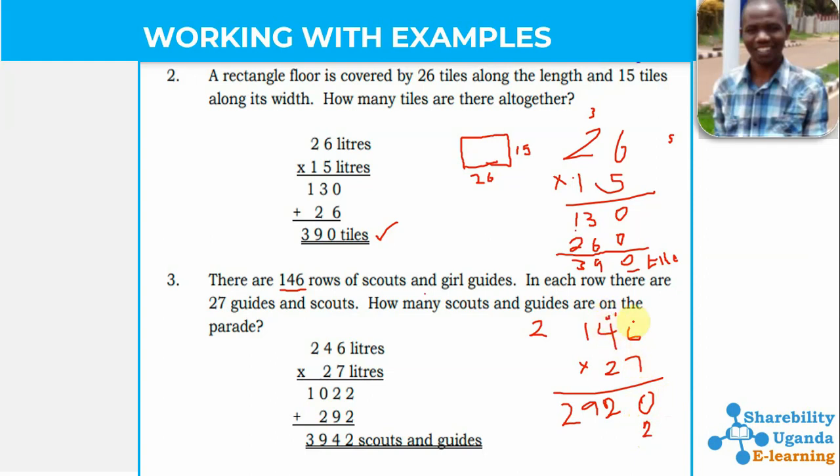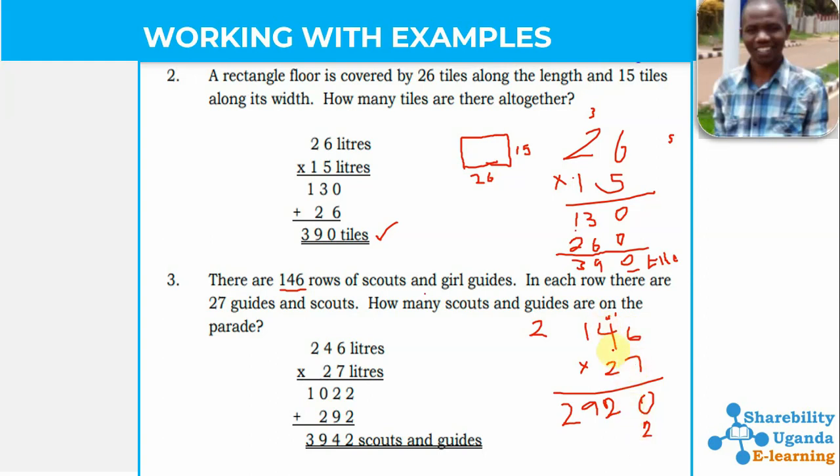Then we shall say what is 7 times 4? Someone give us an answer. Okay, 28. We said 7 times 6 is 42. We wrote 2 and carried 4.